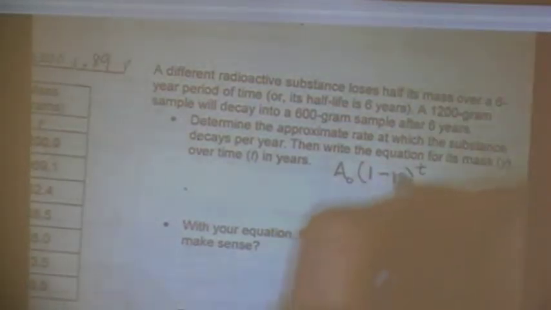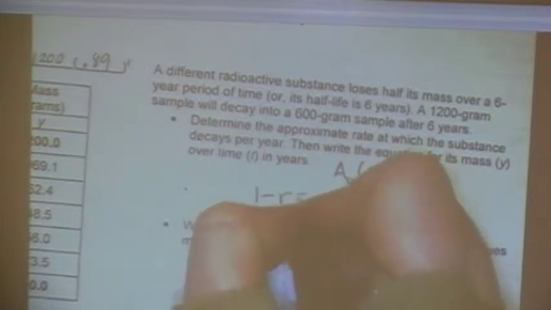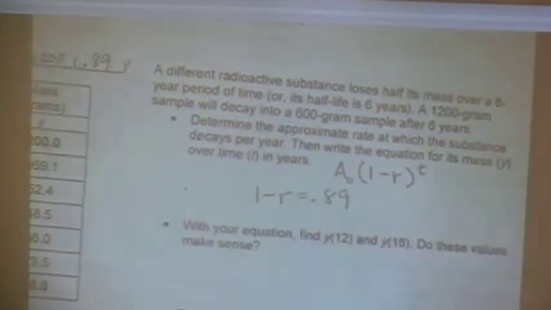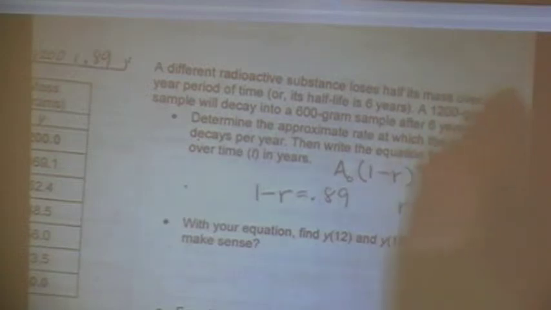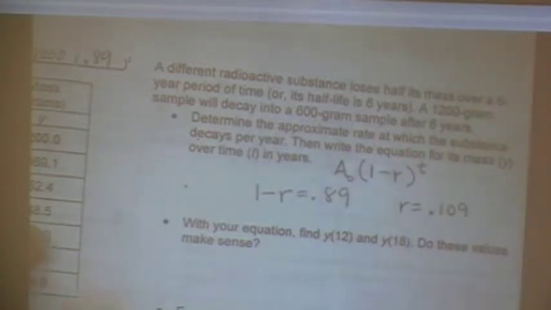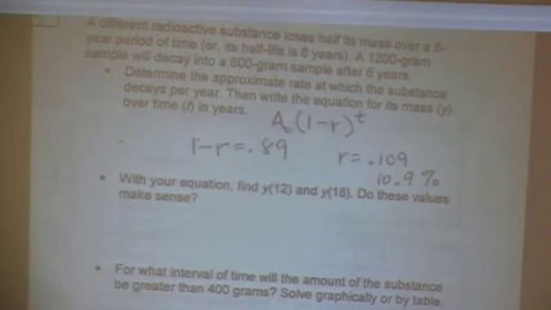Well, I now know this inside piece: 1 minus r equals 0.89. So now you can solve and figure out what your rate is. And your rate comes out to be 0.109, or you could say 10.9%. That is the rate at which it decays.